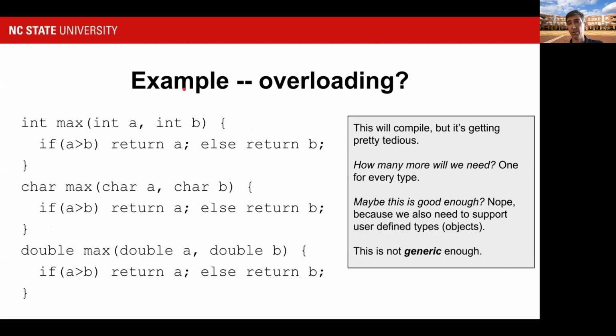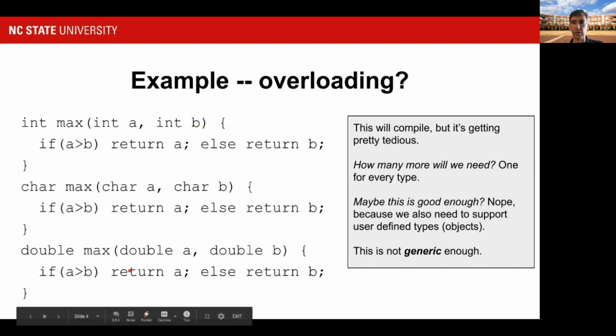Now I could use function overloading to help me out, and I could write a version of max that takes integers, a version that takes characters, and a version that takes doubles. And that's great, and this will compile, and this will work, and the compiler will figure out which function to use in most situations, but it's pretty tedious. I mean, every time I find some new type, I'm going to have to implement a new function like this.